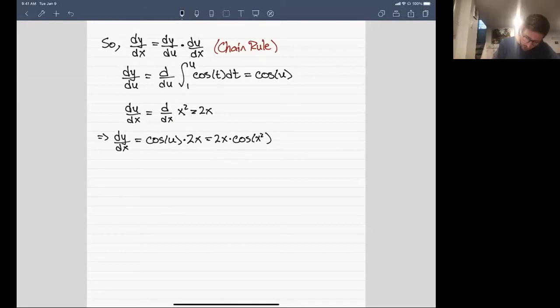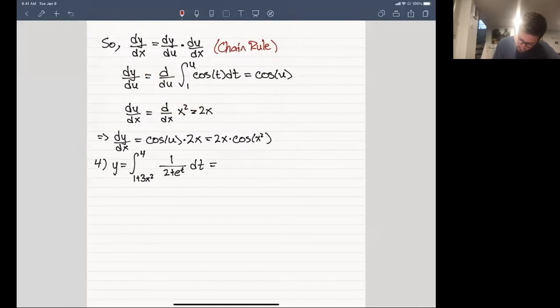Now, let me give you one more example that we can kind of speed through, but it puts everything together. So this will be 1 plus 3x squared as the lower bound, 4 as the upper bound. The integrand is 1 over 2 plus e to the t dt. And so the first thing we're going to do is use property 1.